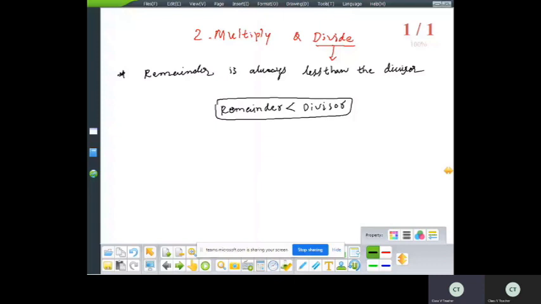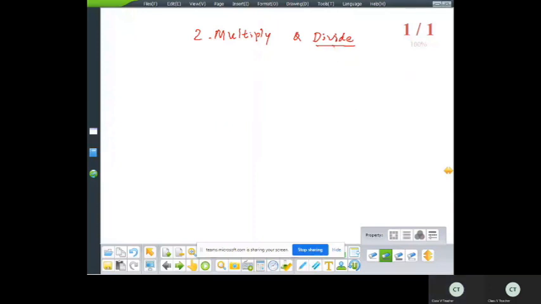Now we see one problem. 627 divided by 5. This is the dividend and this is the divisor. Write the table.